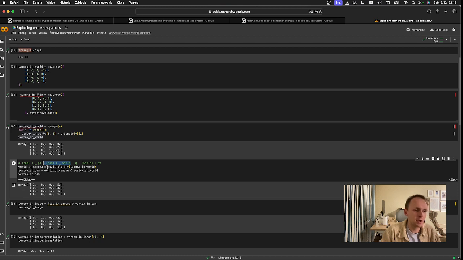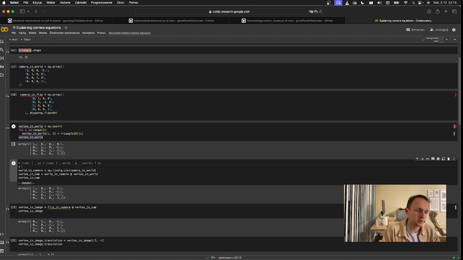So here I would call it point or vertex in cam equals, just translating the naming conventions, world in cam times vertex in world. So world from here cancels out with this one.